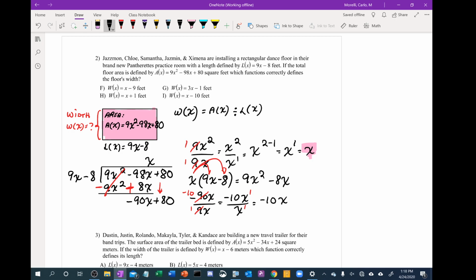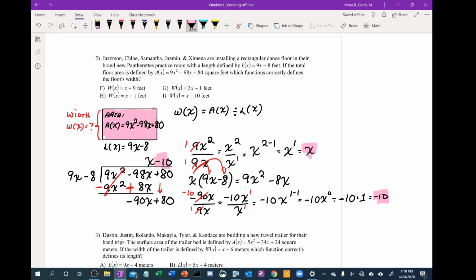You have negative 10x to the 1 minus 1, which equals negative 10x to the power of 0. Recalling the 0 exponent rule says any variable raised to the power of 0 is 1. So we actually have negative 10 times 1, which is just equal to negative 10. This is a quotient term, so we write negative 10.